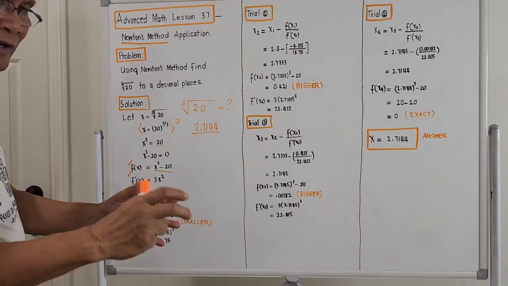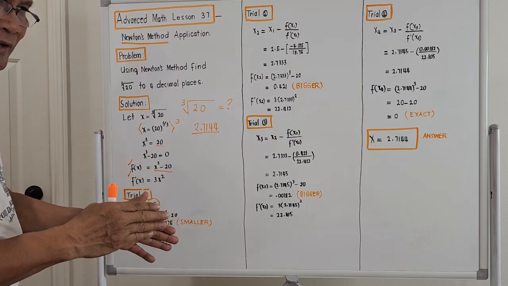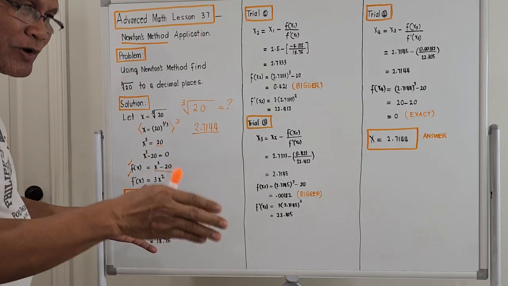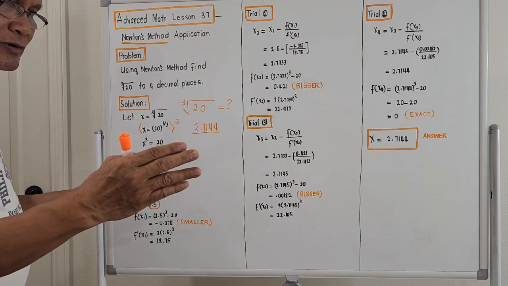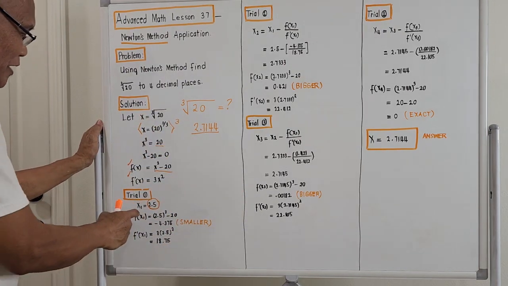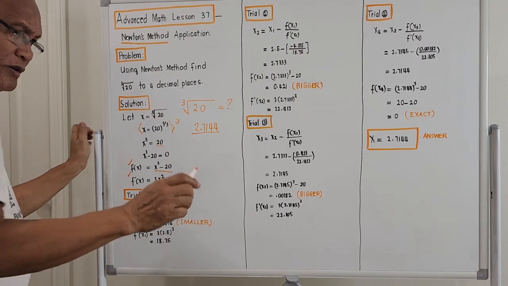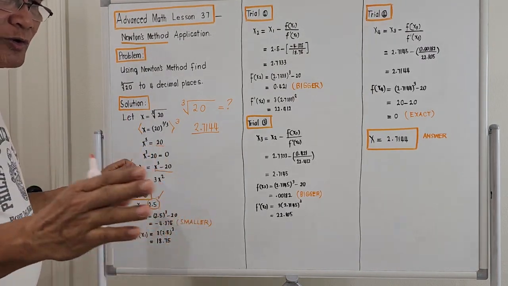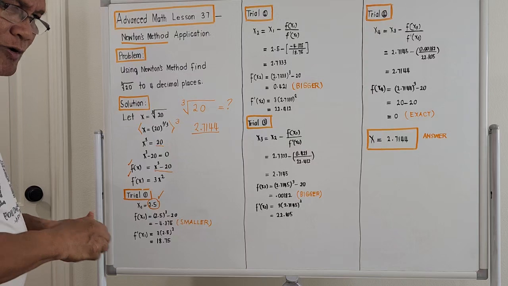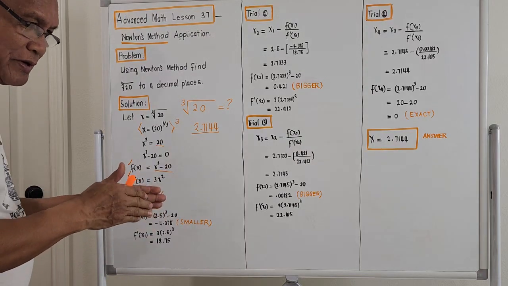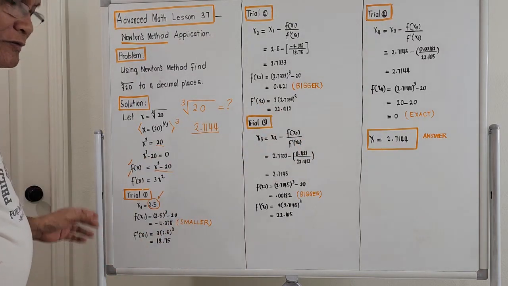So if x equals 3, it is greater than the required value. So, as an intelligent guess, we place x1 equal to 2.5. You could assume any trial value you want. You can start low or start very near the correct answer.